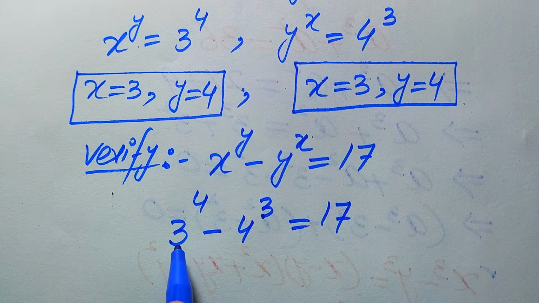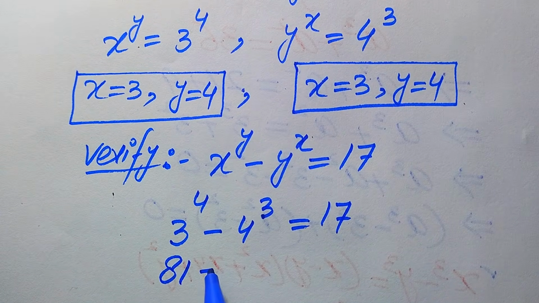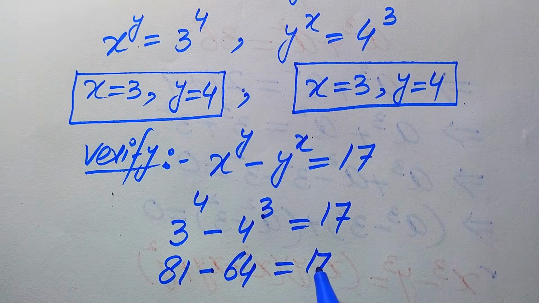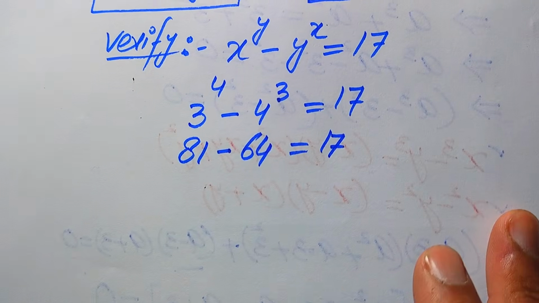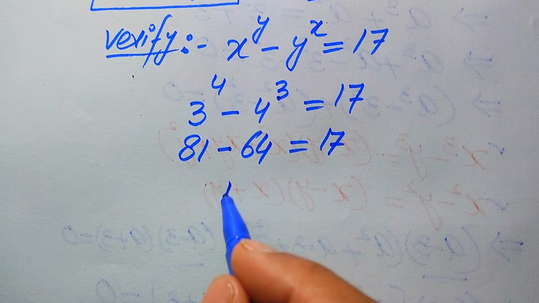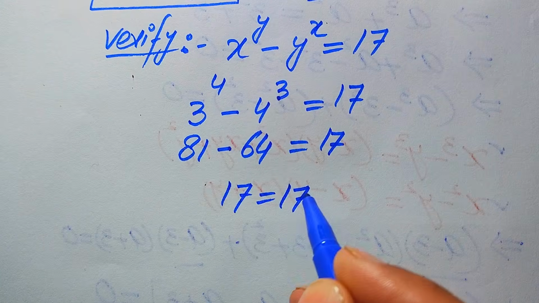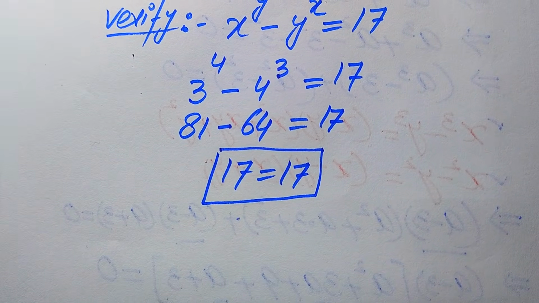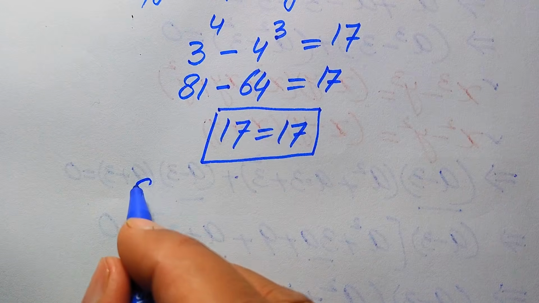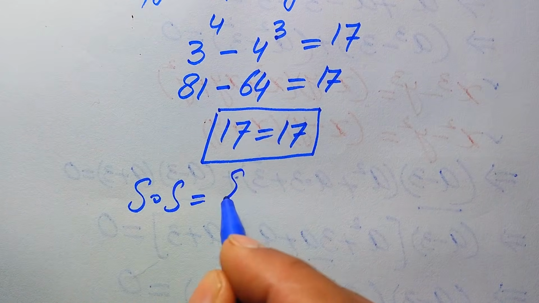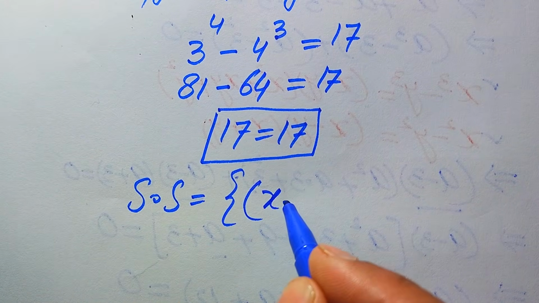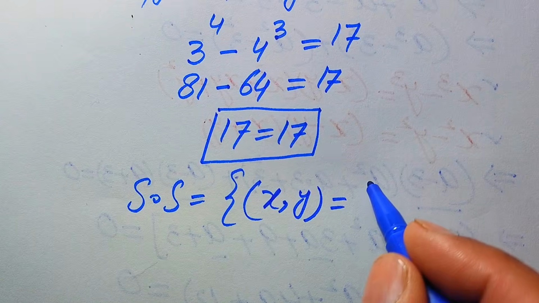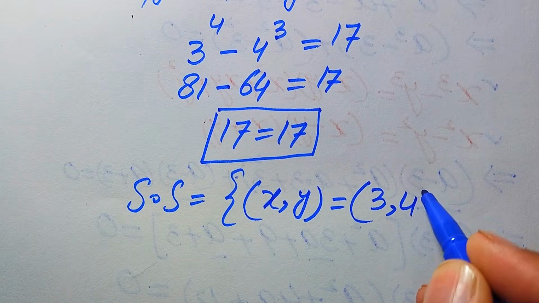And now we know that 3 to the power 4 is equal to 81, 4 to the power 3 is equal to 64, so 81 minus 64 becomes 17, equal to 17. So this means that both of the values of x and y satisfy our given question statement. So finally we have the solution set of this problem, x, y is equal to 3 and 4.